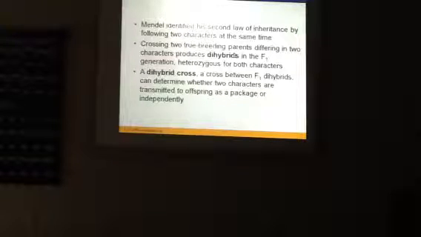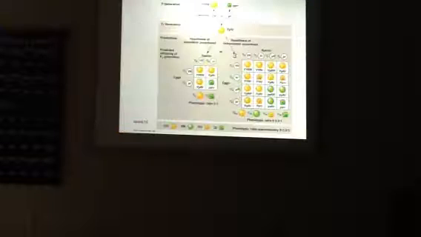He was trying to determine if these two characters are passed along to the offspring together or if they separate and then are passed down. So what Mendel did was he looked at two characteristics, right? Yellow and round. This is homozygous dominant, the two Y's being yellow and the two capital R's being round.